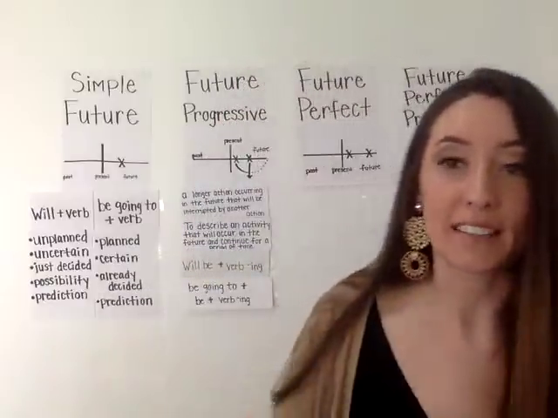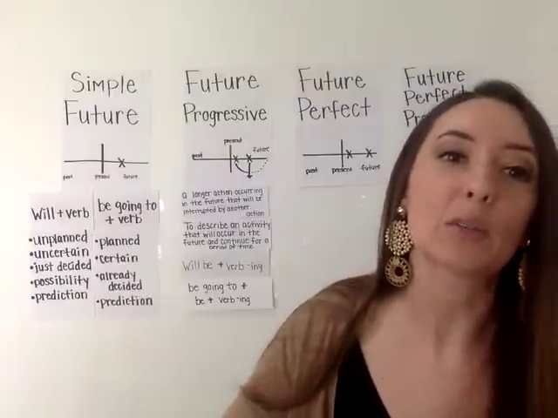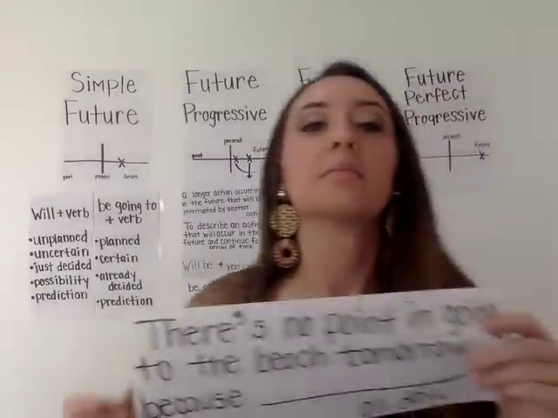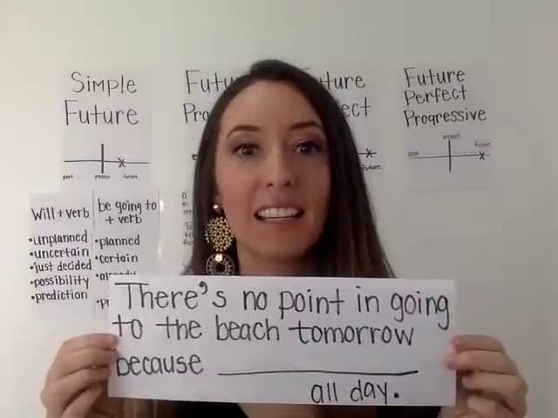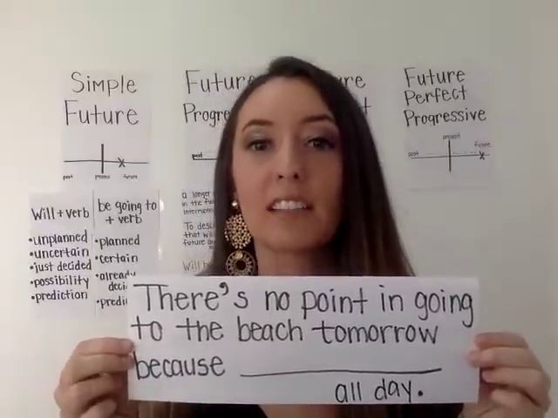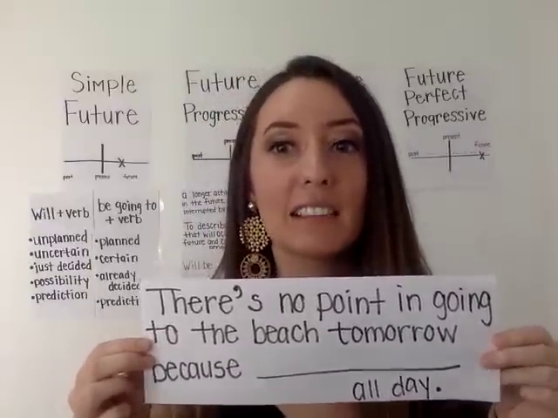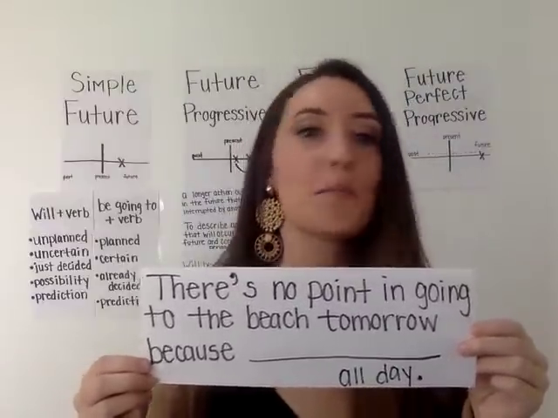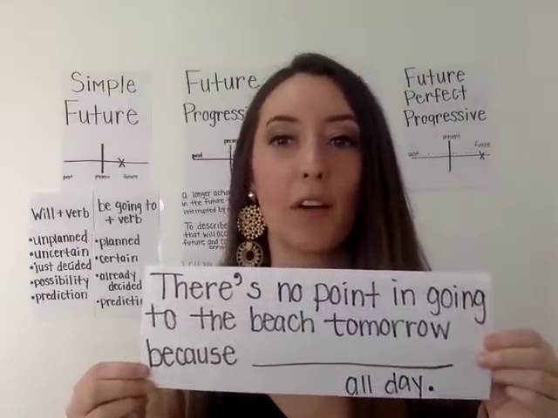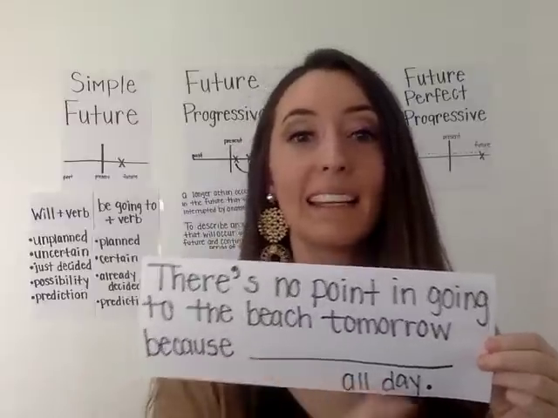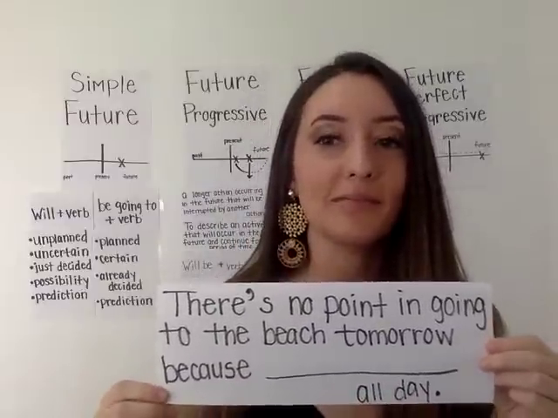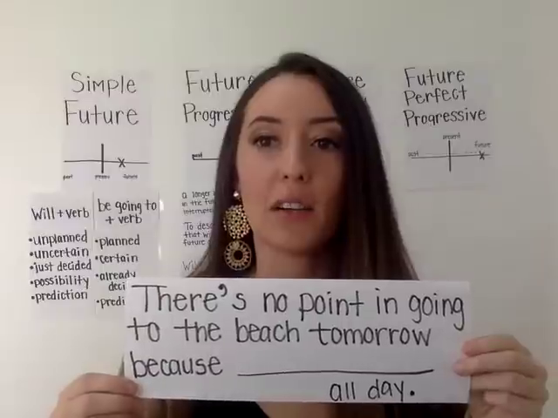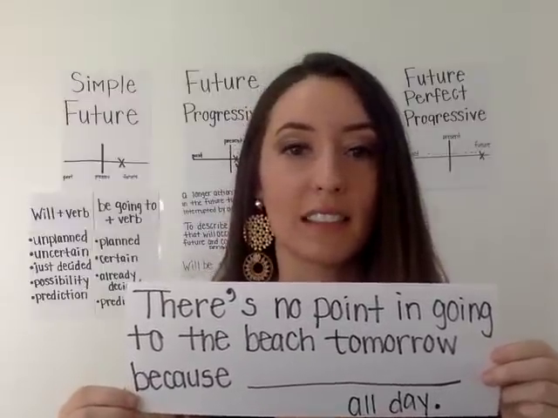Using future progressive, I would like you to complete this sentence. You tell me, Molly, there's no point in going to the beach tomorrow because blank all day. What do you think? How can we finish this sentence?